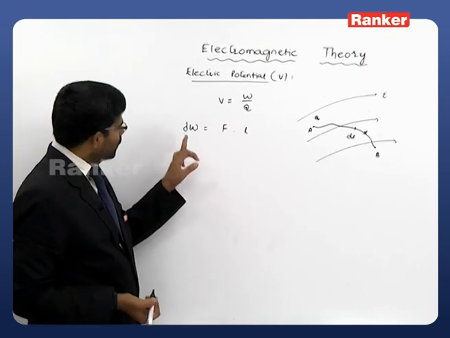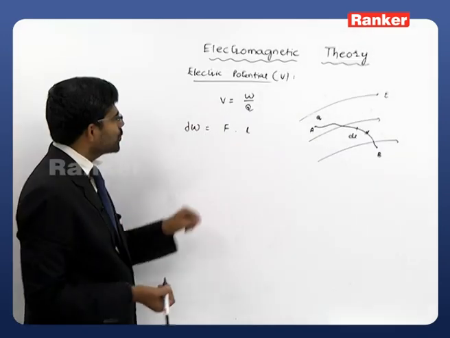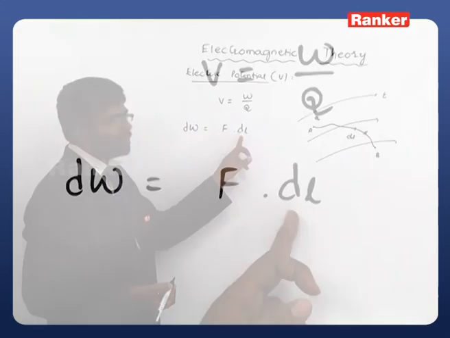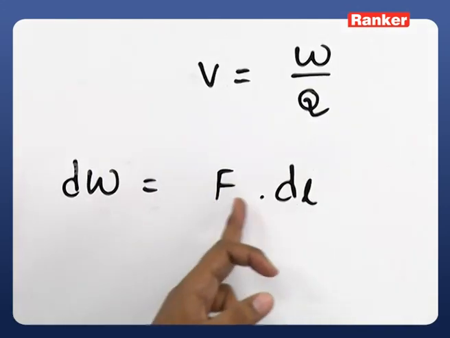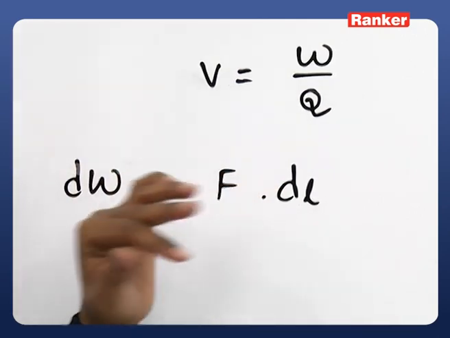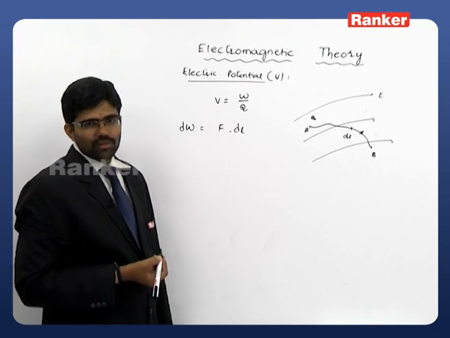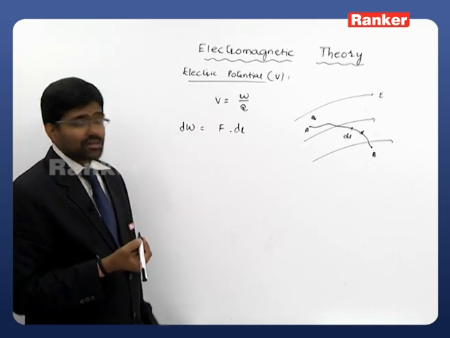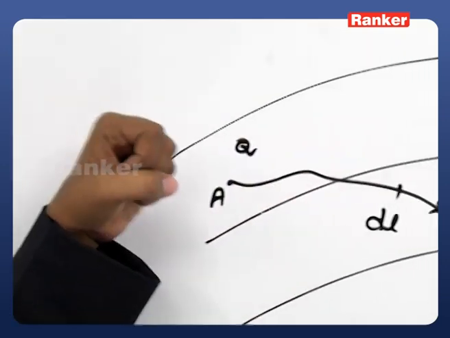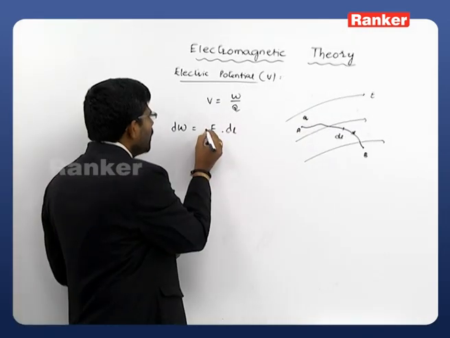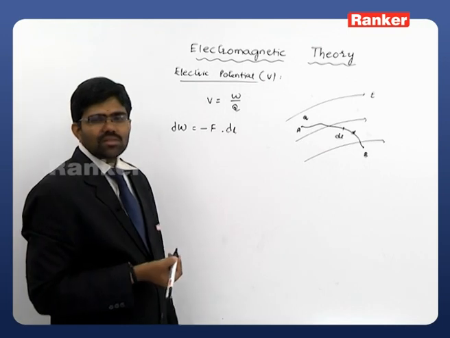So dw, the differential work done, is equal to the force acting because of the differential length dl. Since the force and dl are both vectors, don't take the normal multiplication; we are supposed to take a dot product between them. And here I assume the work was done by the external agent, so I will place a negative sign before this equation.